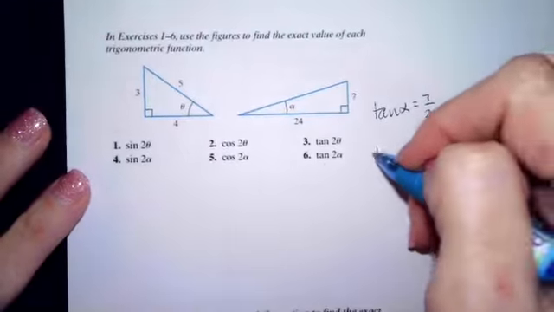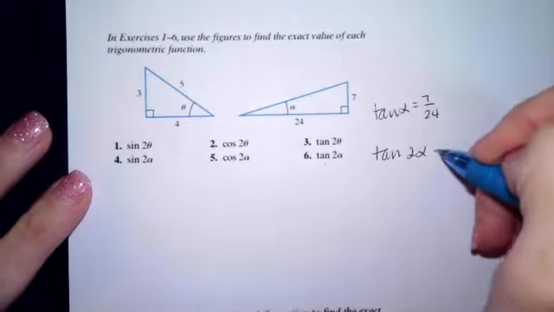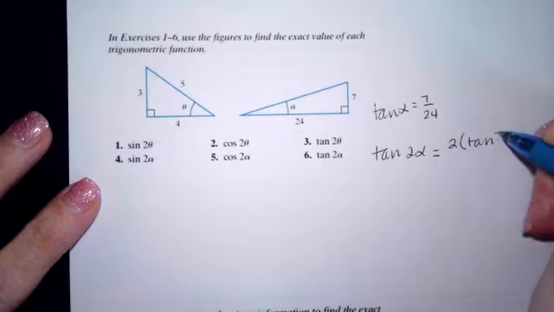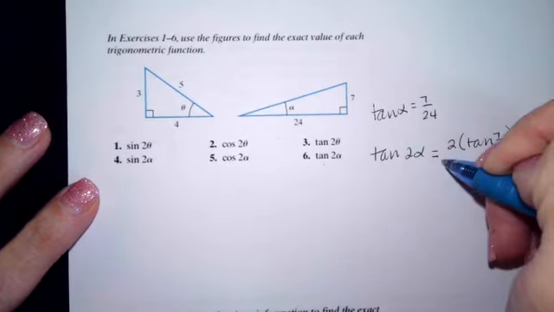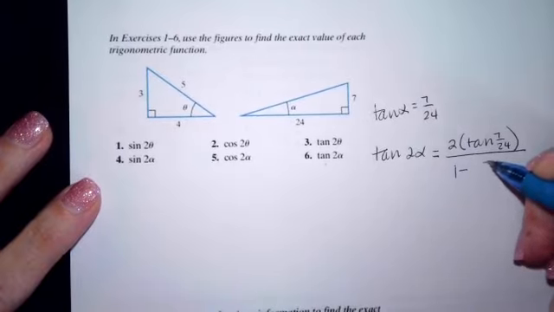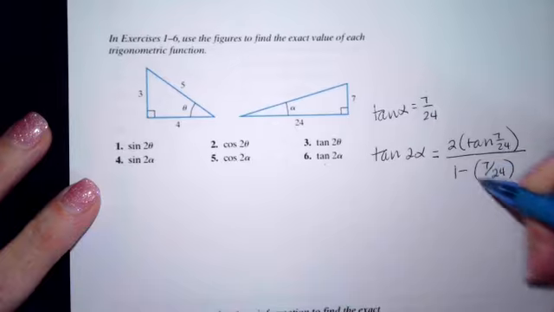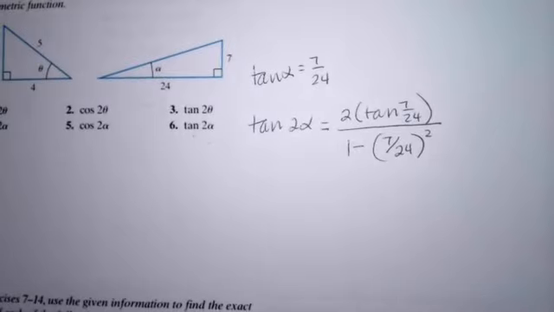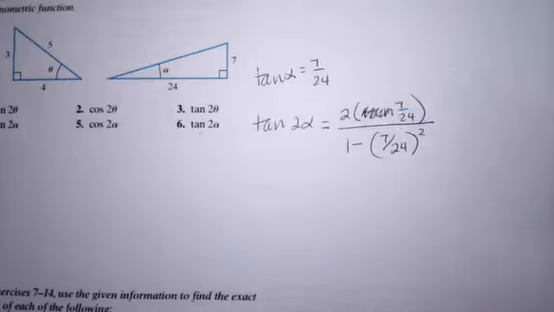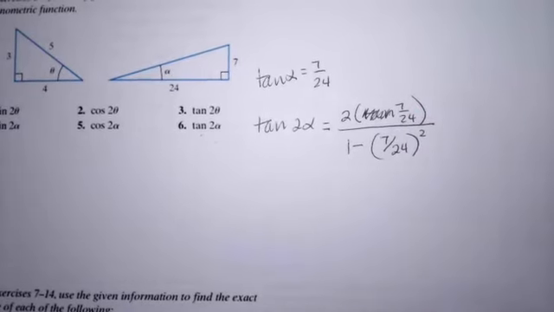Tangent of the double angle is going to be equal to 2 times tangent of 7 over 24 all over 1 minus 7 over 24 quantity squared. Okay, so then that's not tangent. It's just 2 times 7 over 24.